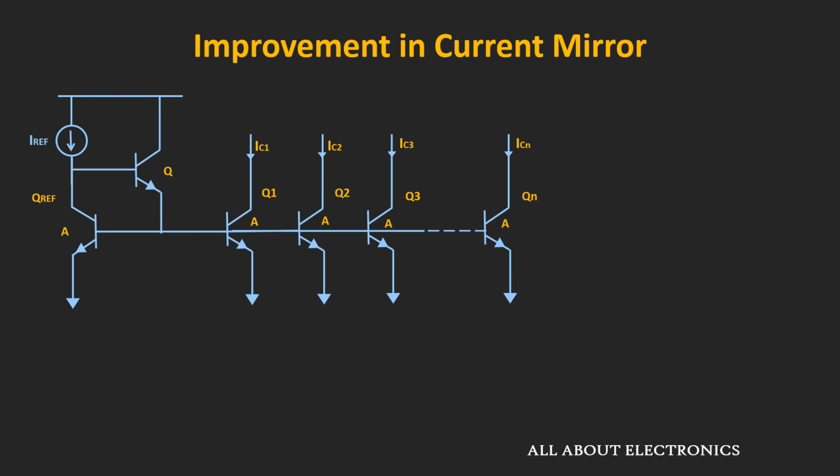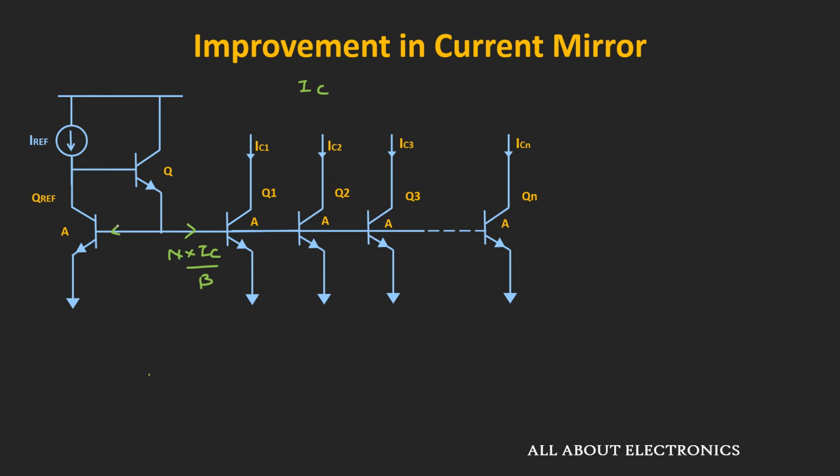So if you observe the circuit, one more transistor is also added over here. So let us find out how it will improve the performance of the current mirror. Here we are assuming that the collector current of each transistor is the same. Let's call this collector current IC. So for the n transistors, the base current over here would be equal to n times IC divided by beta, right?